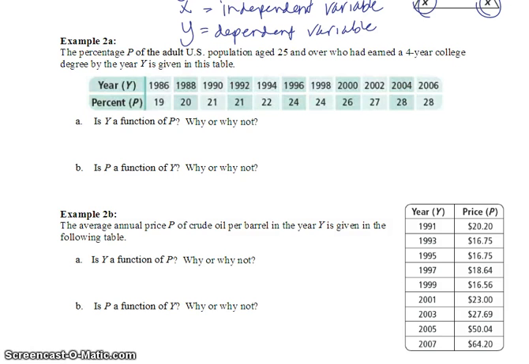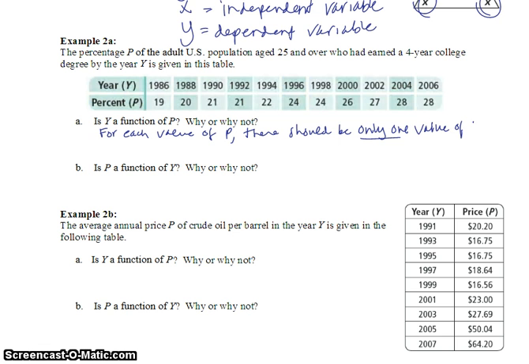For each value of P, there should be only one value of Y. If we look at our P's and our Y's, Y cannot be a function of P. So Y is not, because if you look at P at 21, that 21% is paired with two different years.